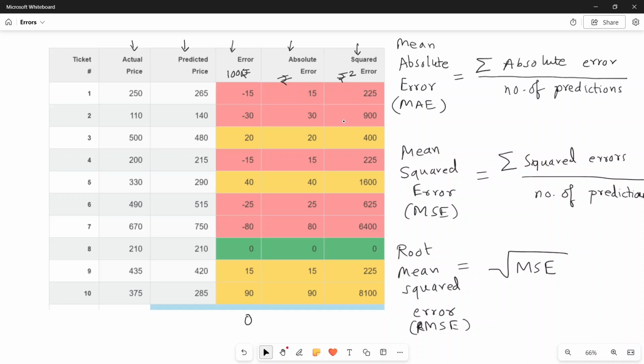If we want to complete the calculation in this case, the sum of the absolute errors will be 330 and the sum of the squared errors will be 18700.